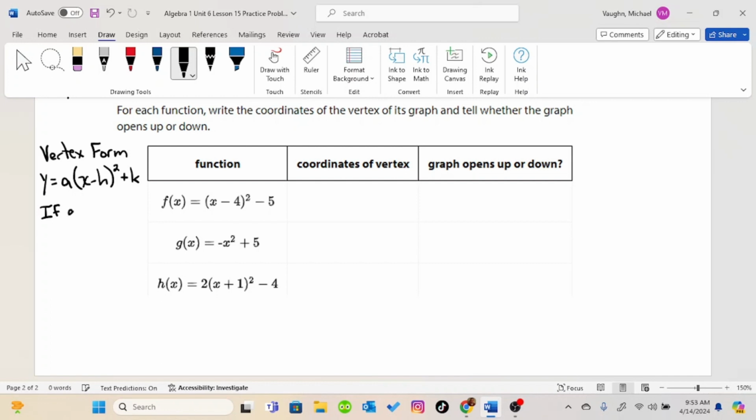Remember, if a is positive, the graph opens upward.